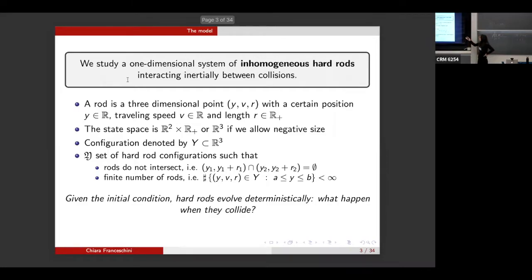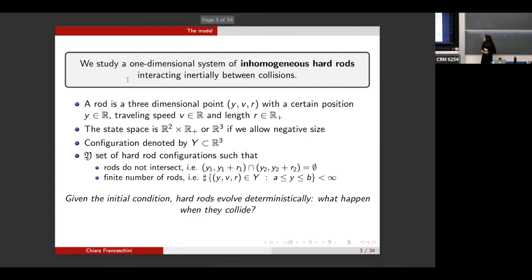So you see that the state space is either R^3 or R^2 Cartesian R+. And I denote by Y a configuration of rods. A configuration is such that rods do not intersect, and this is what the word hard means. And also we have a finite number of rods.